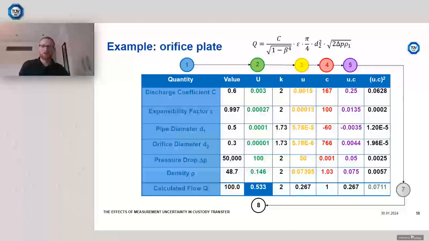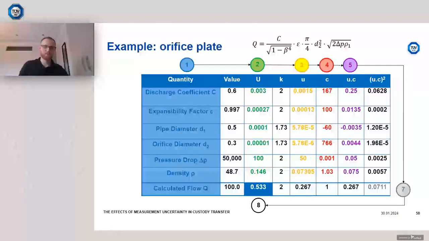So now we've got our UC term at the bottom of 0.67. We work back the way to get our calculated uncertainty. The sensitivity coefficient is 1 because it's already in the appropriate units. We can then multiply by whatever coverage factor we want to use. In this case, we're multiplying by k equals 2, and that gives us an uncertainty in calculated flow of 0.533 at k equals 2, which is a confidence level just above 95%.